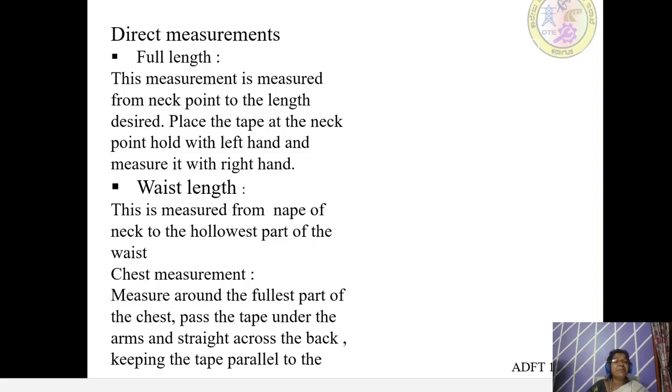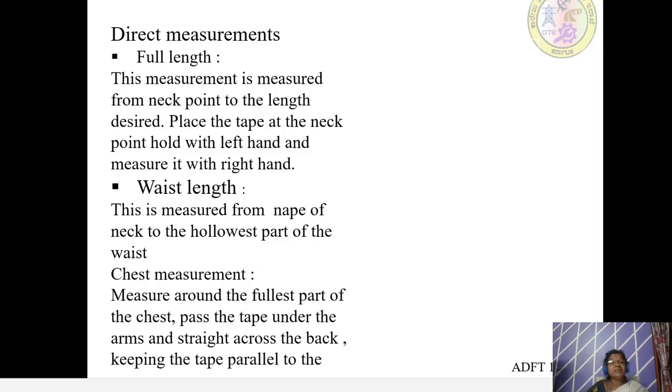The second measurement is the waist length measurement. This is measured from the nape of neck to the hollowest part of the waist. You have to take the natural waist length measurement. Then we move to the rounds measurement, that is circumference measurement. The first we call the chest measurement.